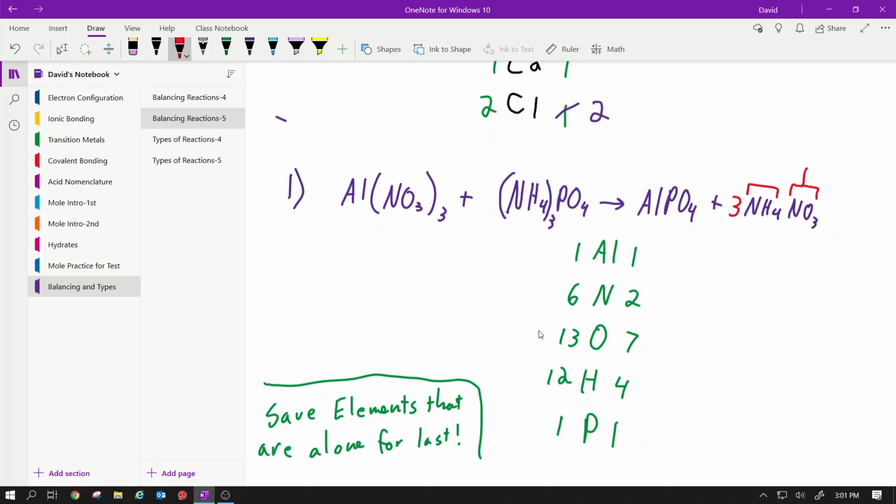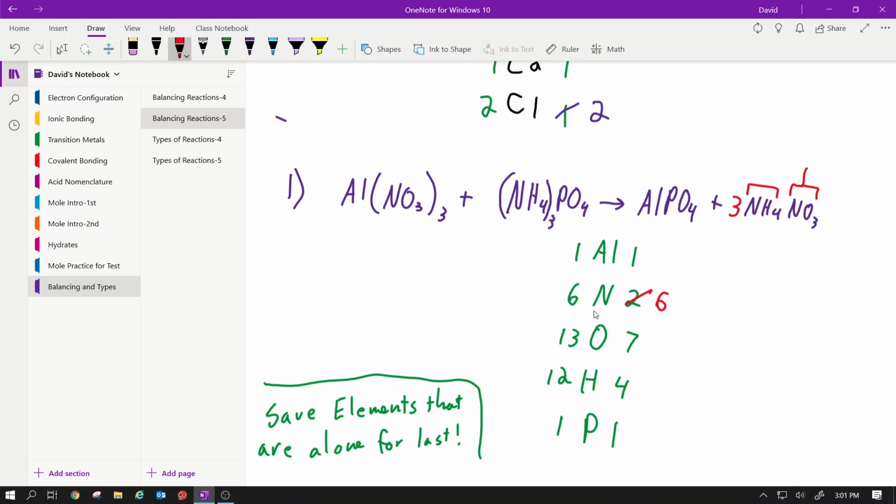Let's count the individual atoms again. Aluminum, 1 and 1. Nitrogen, 1, 2, 3, 4, 5, 6, still 6. Nitrogen over here, 3 times 1 is 3. 3 times 1 is 3 more. So that's looking good. Oxygen, 3 times 3 is 9.